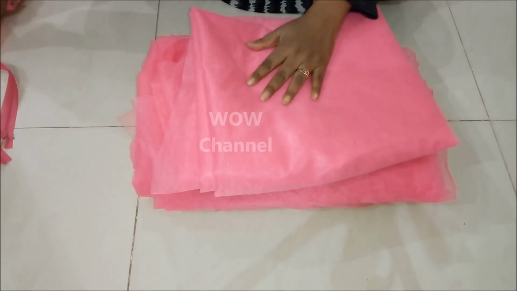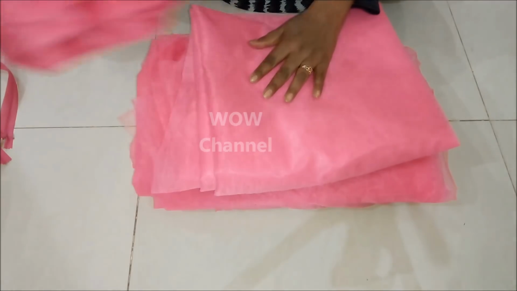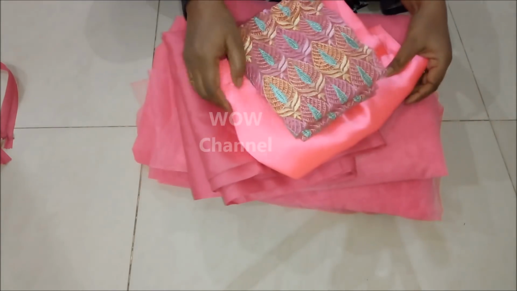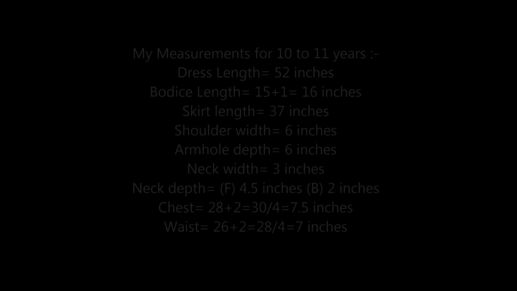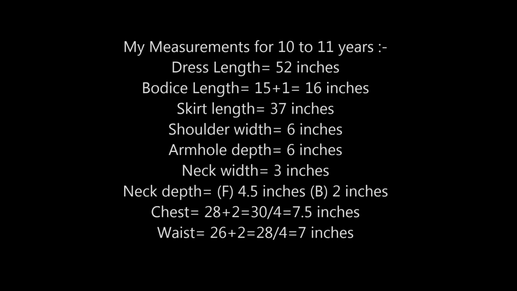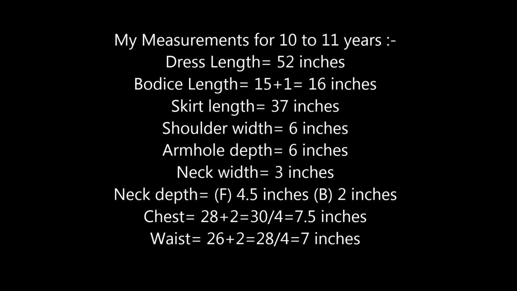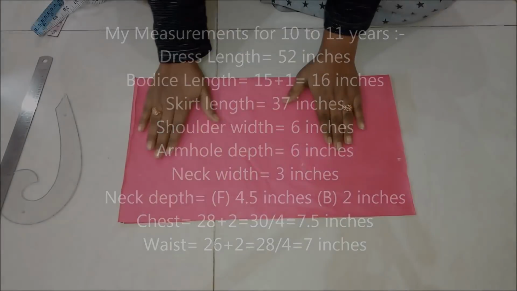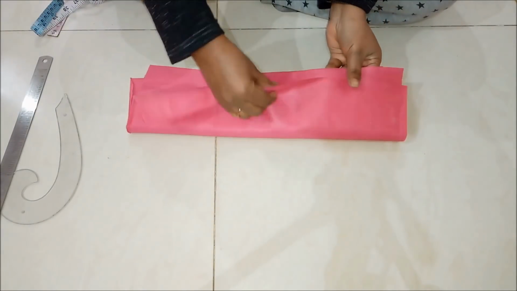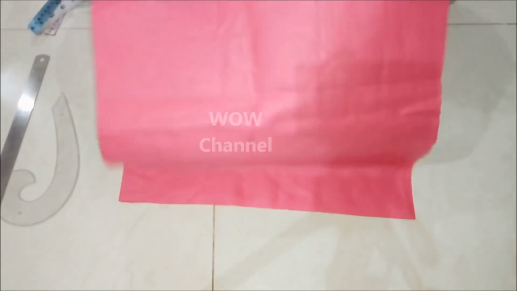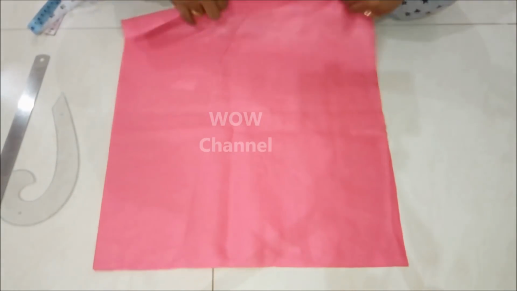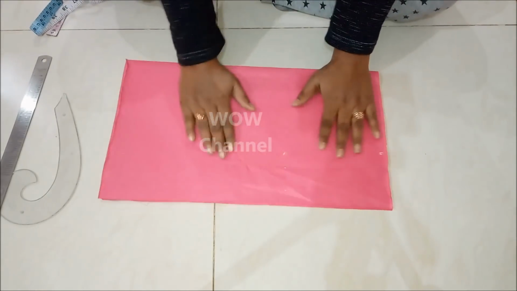So let's start with the measurement details. First I am going to cut the body's lining piece on cotton lining fabric. Fold the fabric into 4 like this.